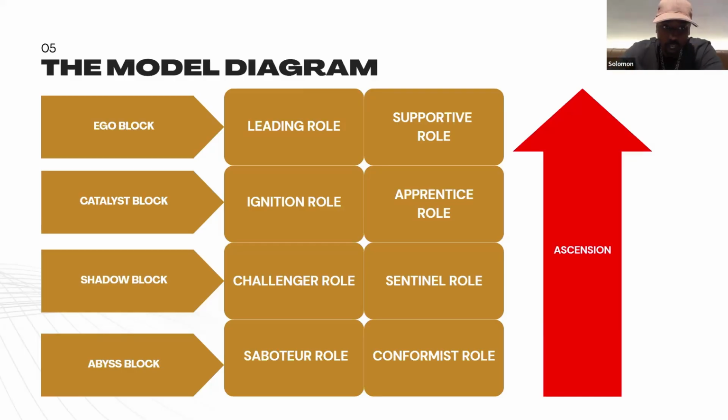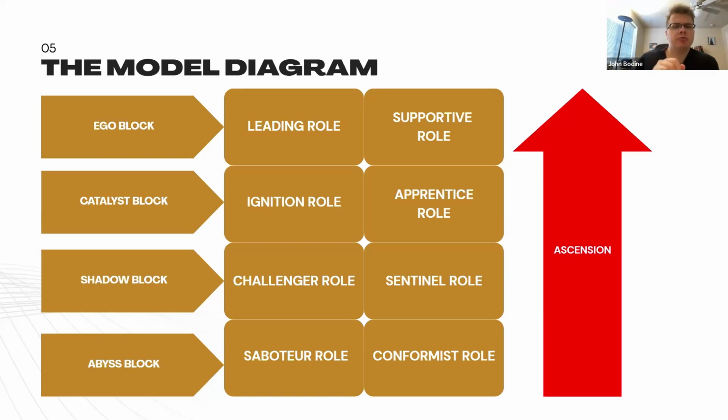So we got the ego block, the catalyst block, the shadow block, and the abyss block. Now each block has two rows, which are function slots, and they're arranged from bottom to up. And the whole idea is that we want to move from the abyss block, the lower states, to the higher states through the concept, the imperative of ascension. All right. So if you got any questions, just let me know.